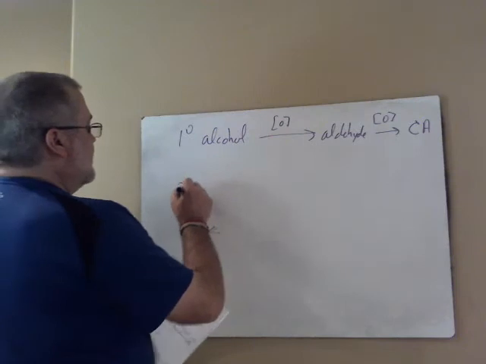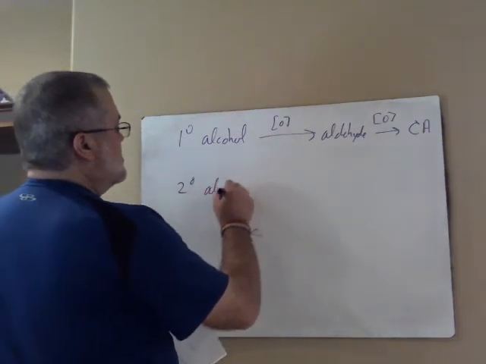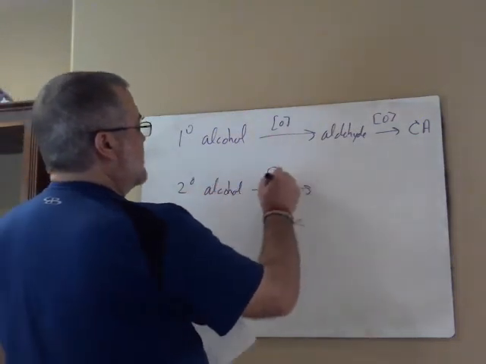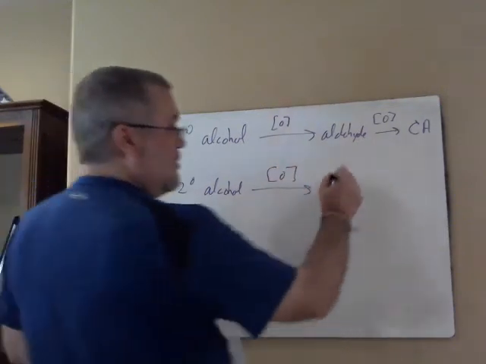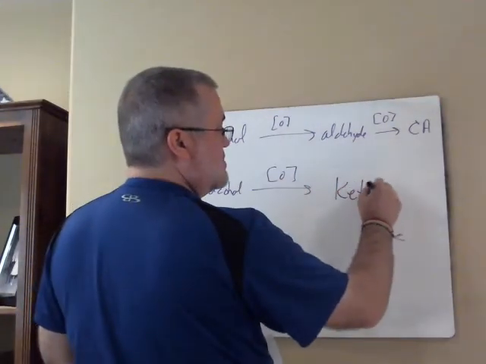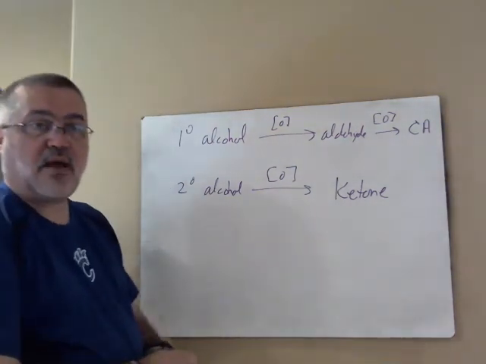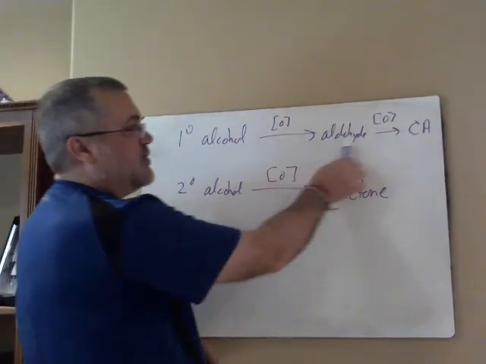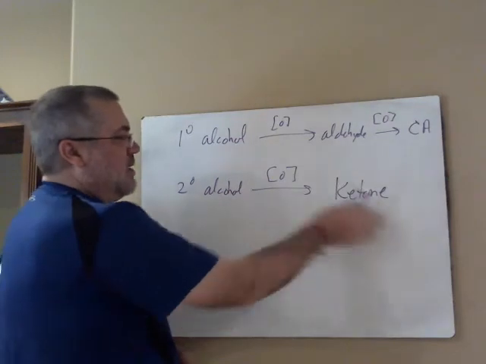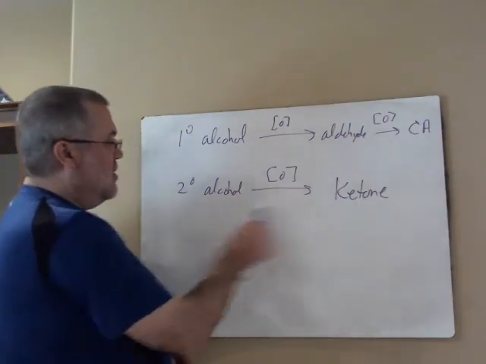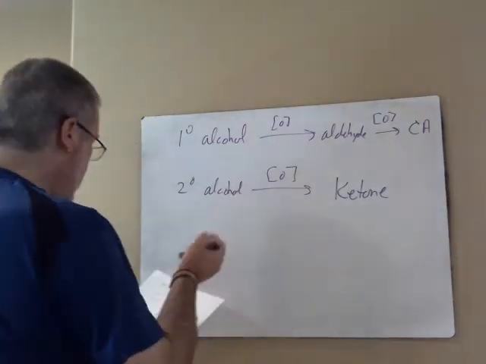Secondary alcohol, if you do an oxidation, the only thing that you can form is a ketone. These are terminal functionalities. A ketone is internal because it's a secondary alcohol.